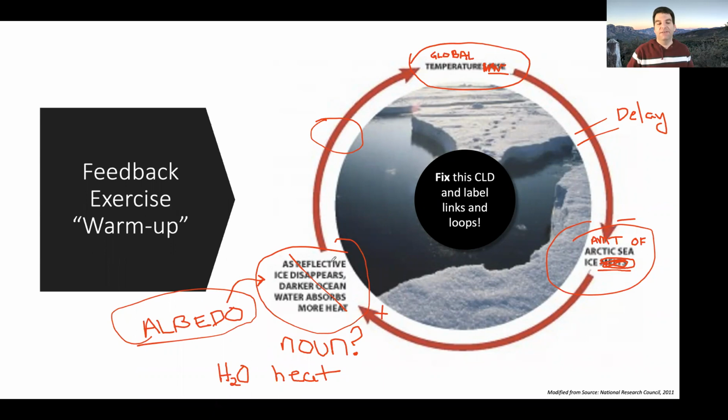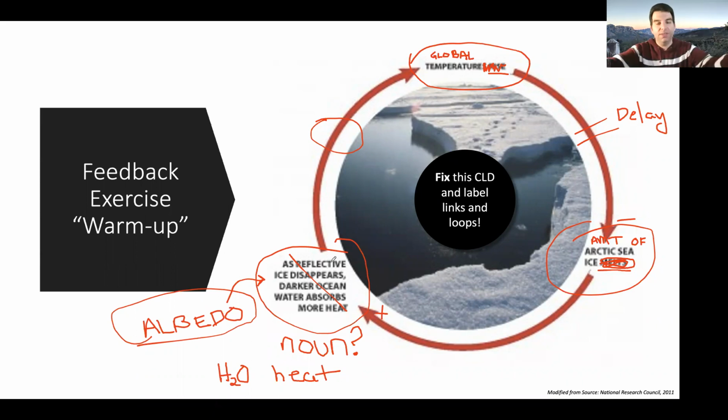If I get more reflection into space, that means I am not absorbing as much heat into the planet. These links are where we involve our domain knowledge, and maybe we have to consult a domain expert. We may not quite know exactly how reflection works, but pretend I'm your domain expert.